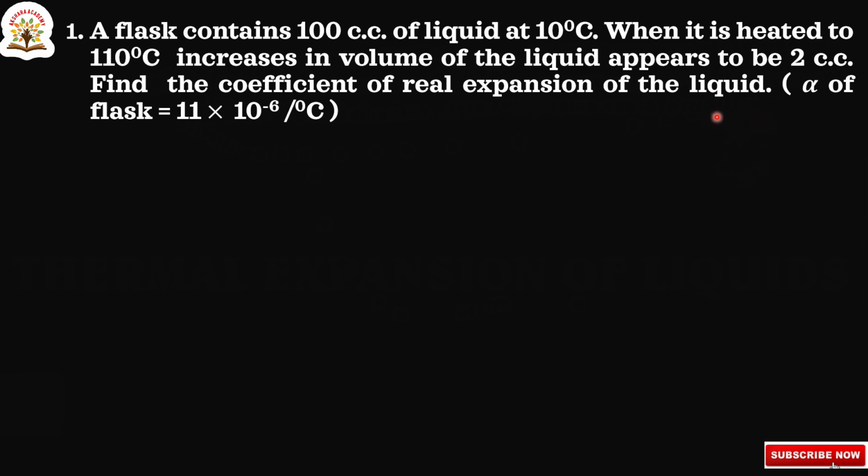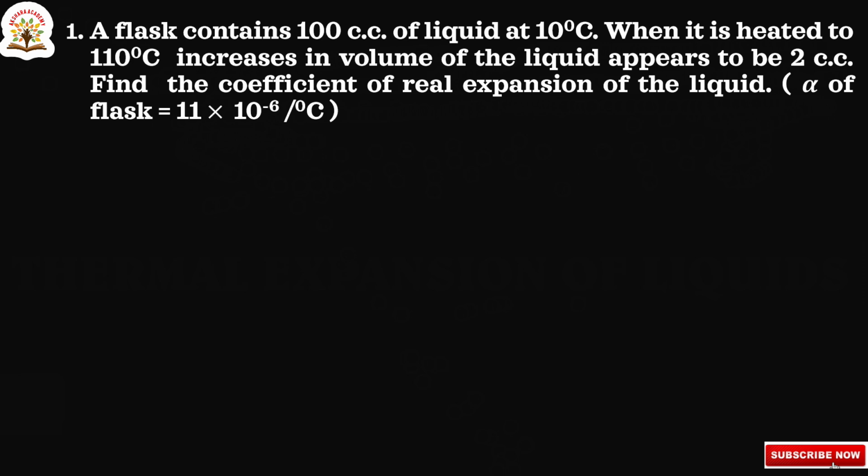Here they have given the value of the coefficient of linear expansion alpha as 11 into 10 to the power of minus 6 per degree centigrade. Now in this question they have given V1 as 100 cc and T1 as 10 degree centigrade.